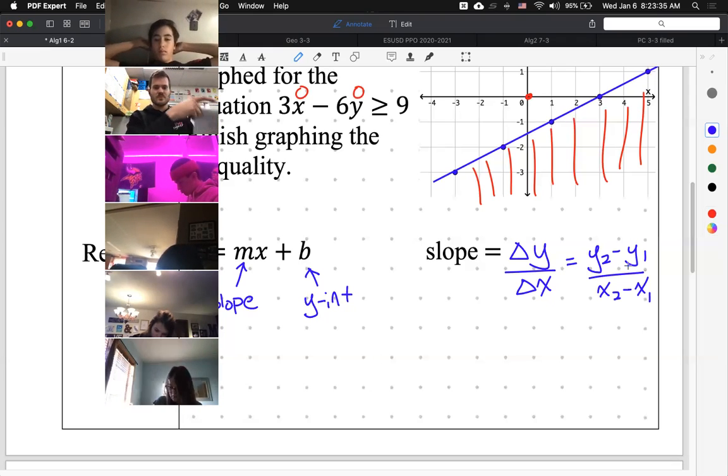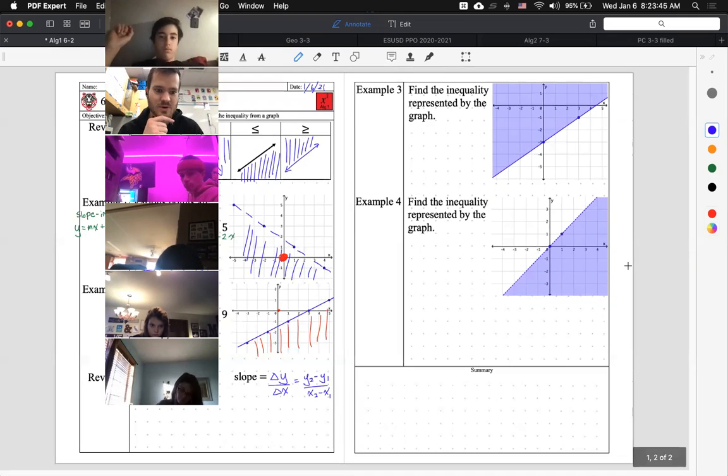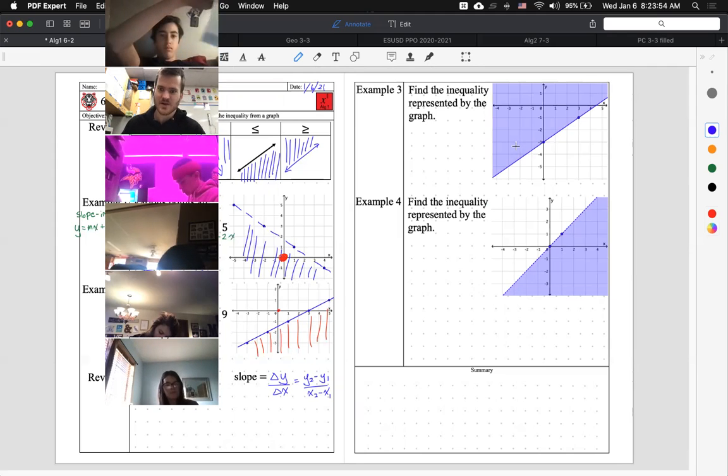All right, so we're going to be going to the back side of my notes in just a sec. I'm going to do 2 more example problems. So I'm on example number 3 right now. Find the inequality represented by this graph. This one is kind of important to get correct in your notes.